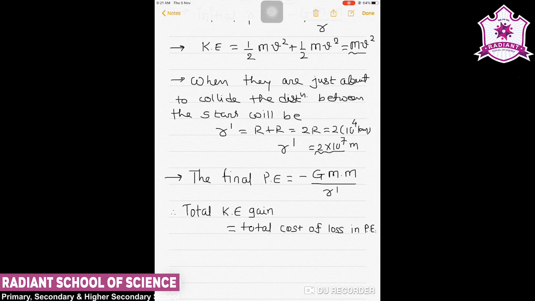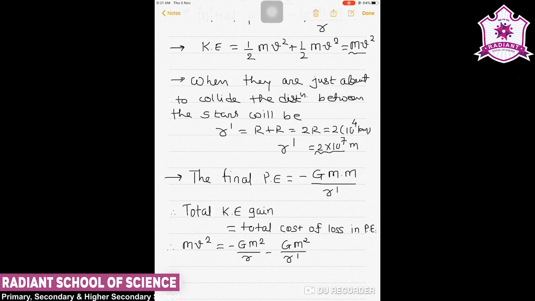So here we can compare both of these equations. That means mv square is equal to minus G M square over r minus G M square over r dash.